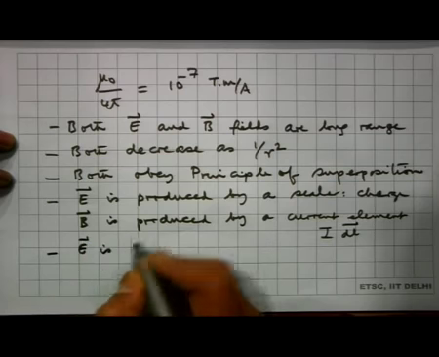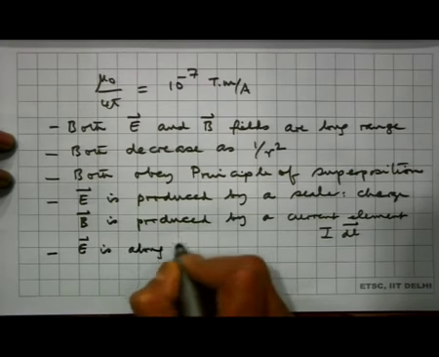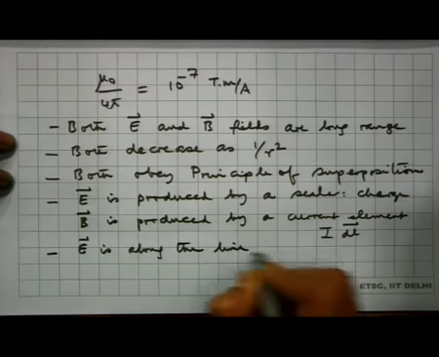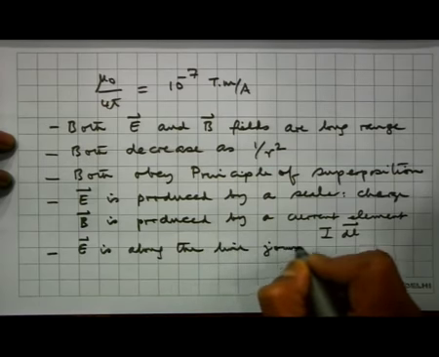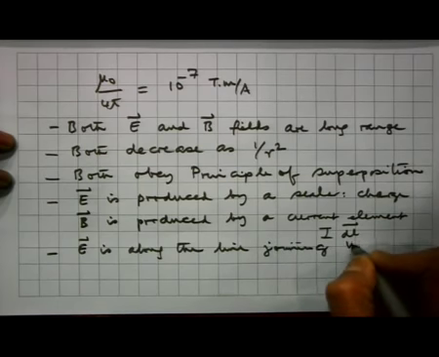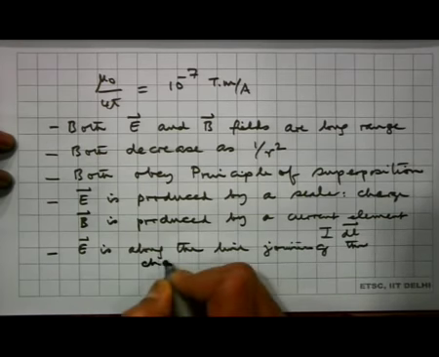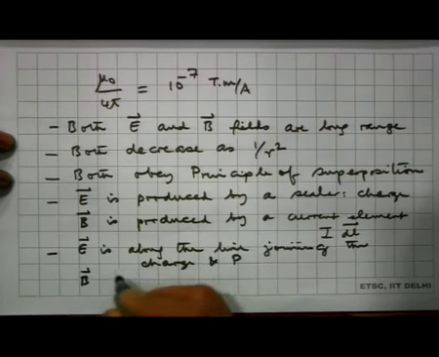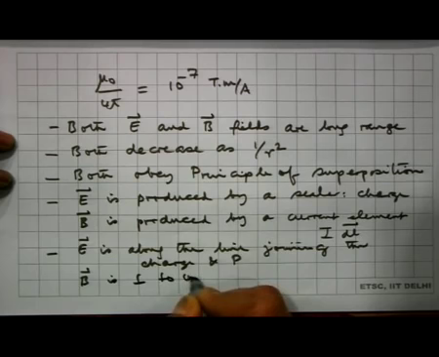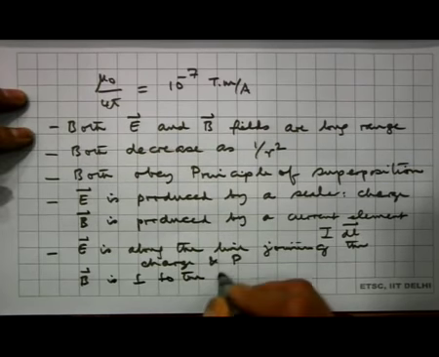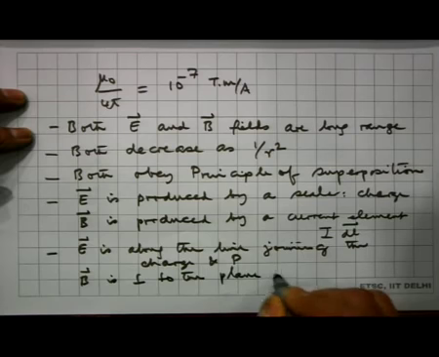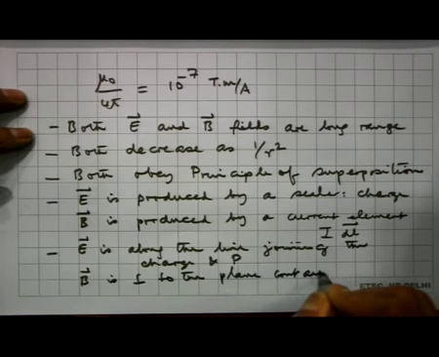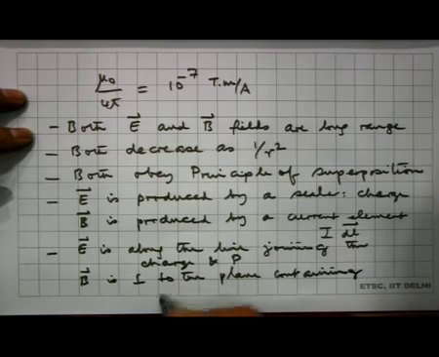E is along the line joining the charge and the point P, while B is perpendicular to the plane containing r and I dl.